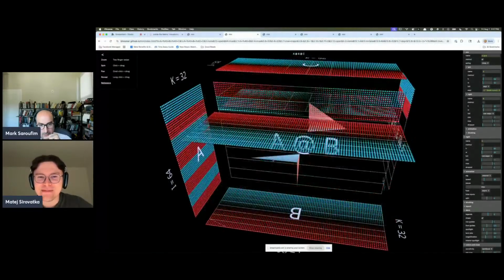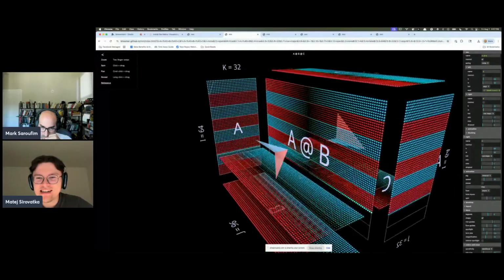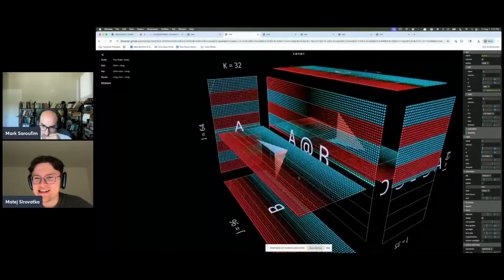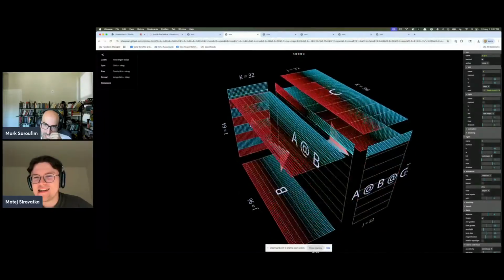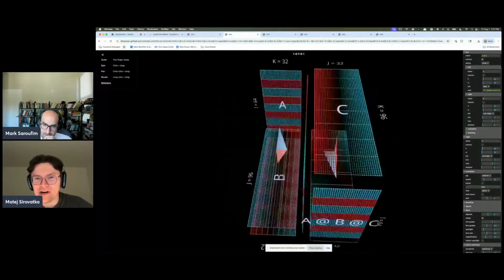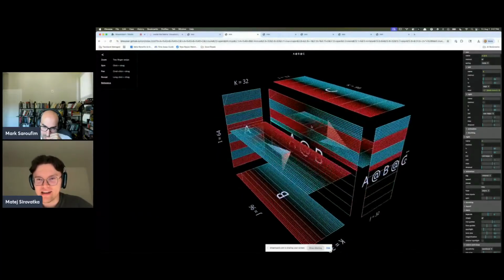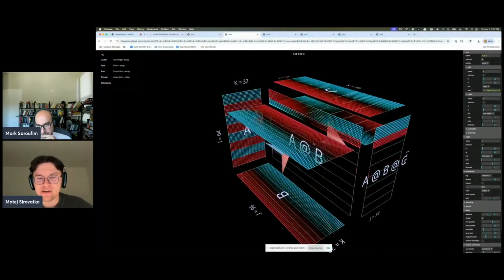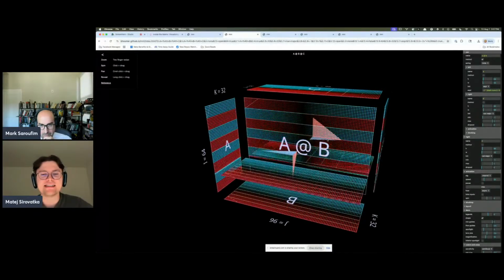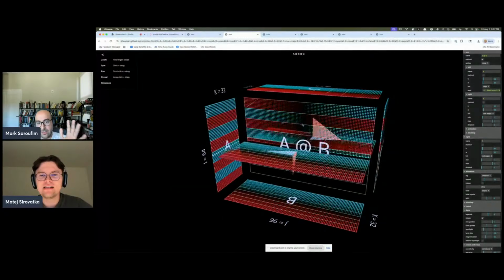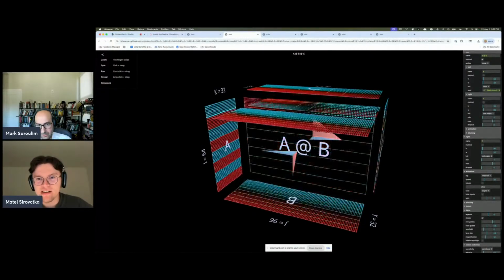So the A times B. Okay, you need a full row of A times B to start getting the row with C, because you're doing a row of A times B times C. To get a row of A times B, yeah, a whole row.